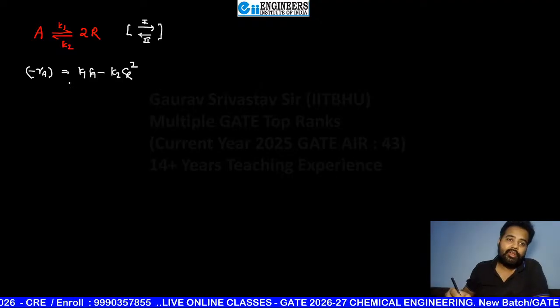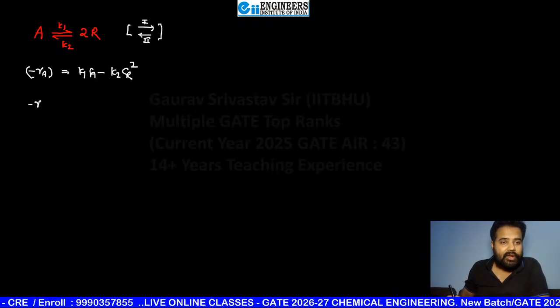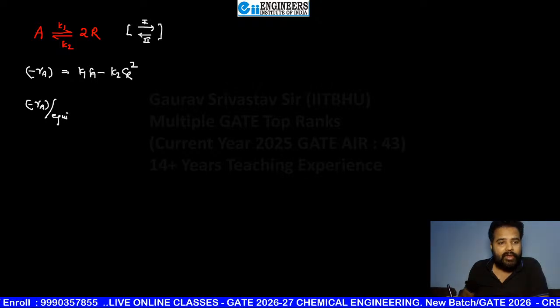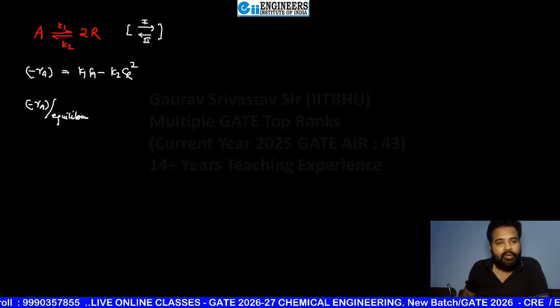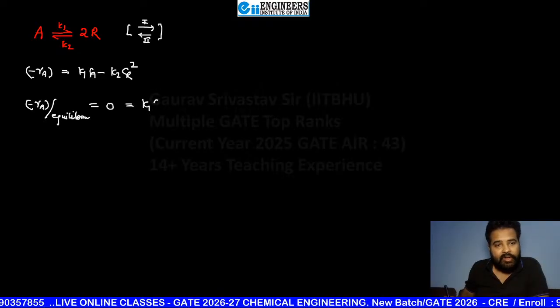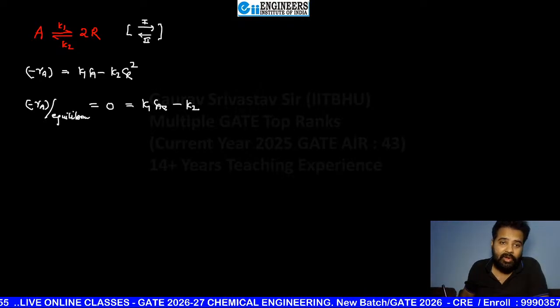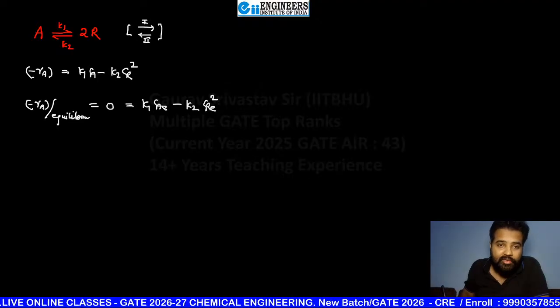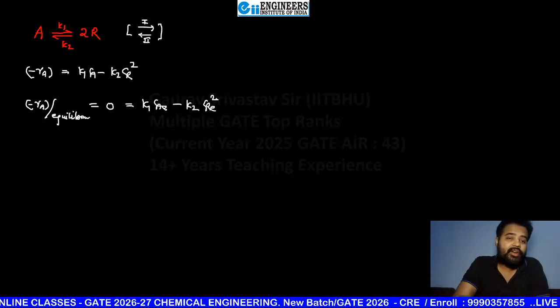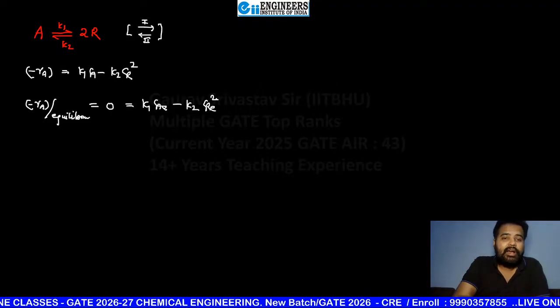This change will occur. Now again, if you are writing RA at equilibrium, then it will be beta 0. And here you can write K1 CAE, but now it is not minus K2 CR. It will be now minus K2 CRE square. Are you getting my words beta? What changes occurred here? चेंजेस क्या आ रहे हैं, समझ पा रहे हो?